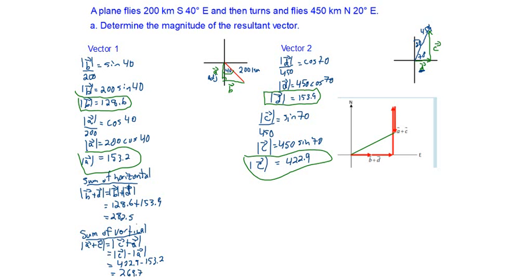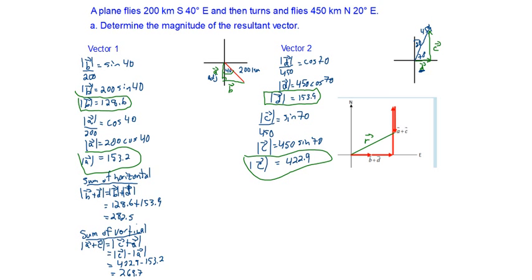We know the length of this vertical. We just calculated it. So we're going to use that to find out our R. Here's our vector R, our resultant. Sorry, that's a bad looking R. Let me try that one more time. There we are. Okay, let's do it.